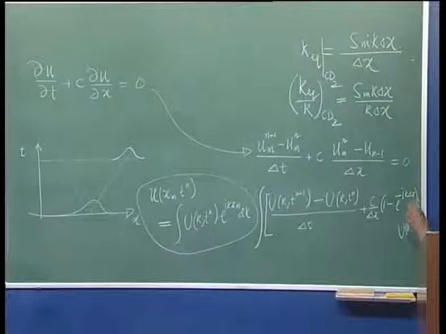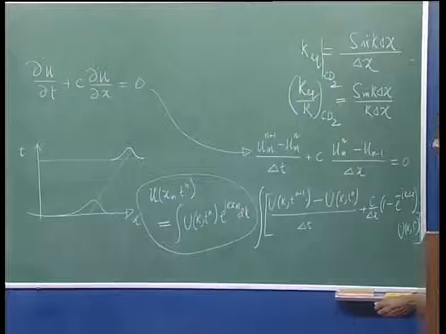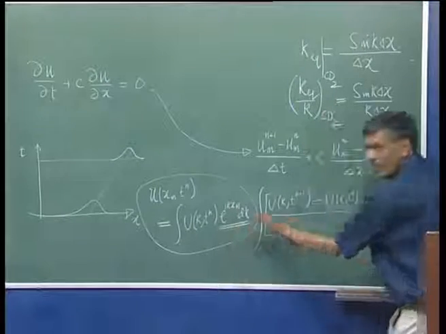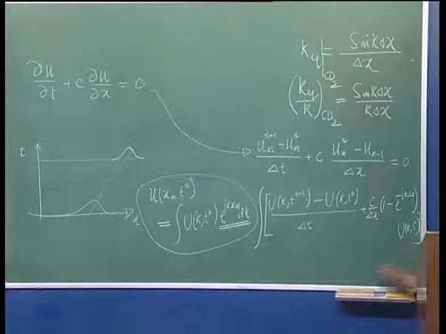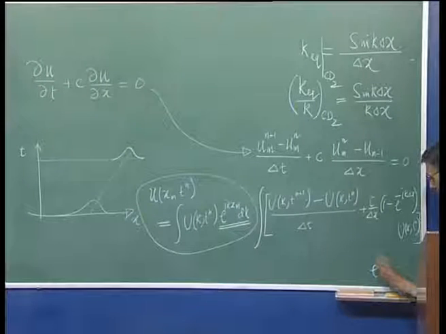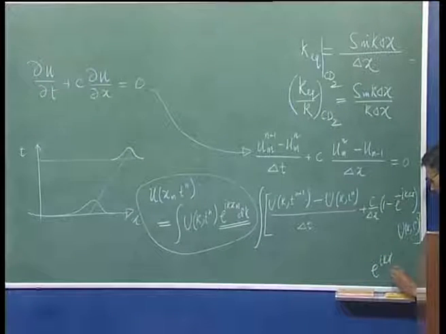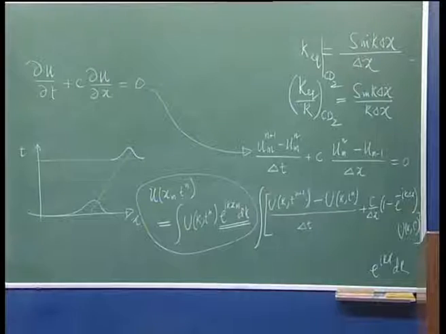This whole thing I am going to multiply with respect to this, so that is what we have written here. It has been multiplied by e to the power I k x dk. Since this whole thing is equal to 0, the integrand must be 0.